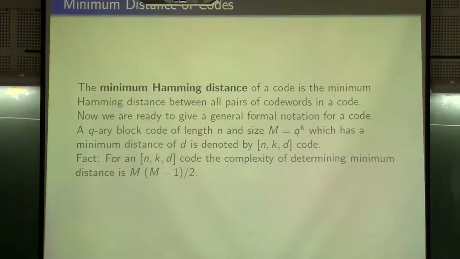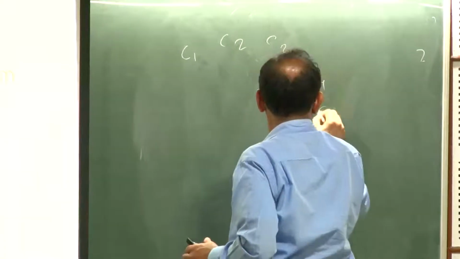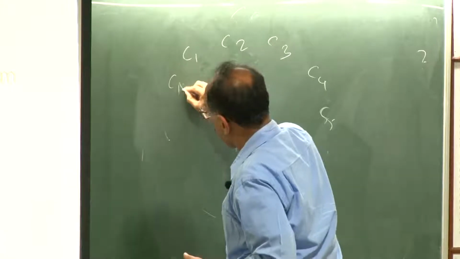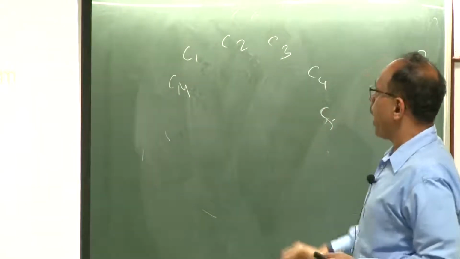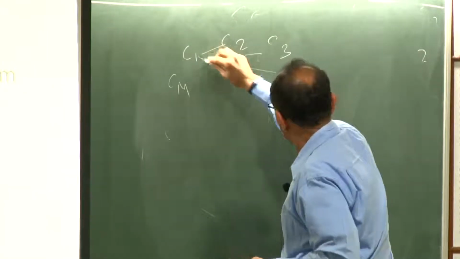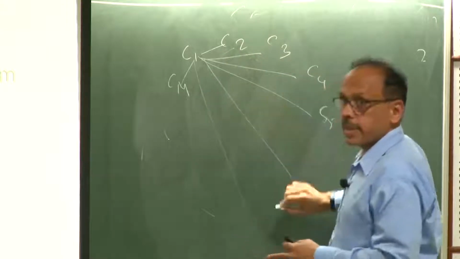So the idea of the minimum Hamming distance of a code is the minimum Hamming distance between all pairs of code words in a code. So you have C1, C2, C3, C4, C5 up to CM, capital M, all of them, and I want to find the distance between every pair like that, and similarly with every other one.